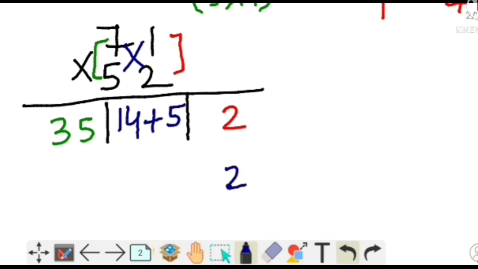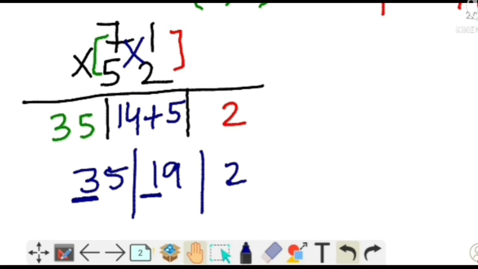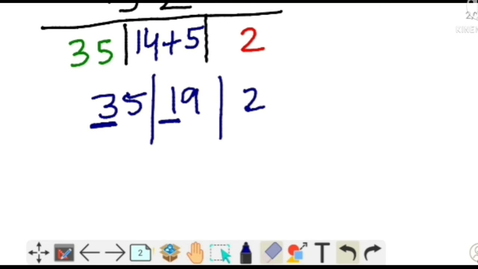So in the last block 2, in the middle block 14 plus 5 is 19, and in the first block 35. There is no block to take the 3 into, but you can take the 1 in 19 to the next block and add it under 5. So 35 plus 1 is 36.